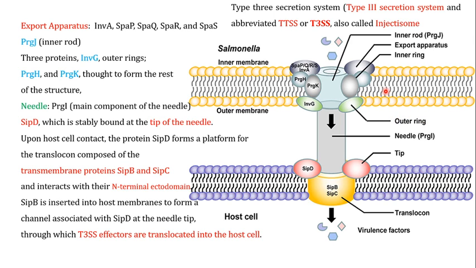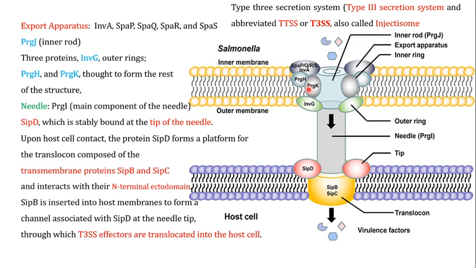Now this whole complex, this export apparatus, this inner ring and this outer ring, they are working as a foundation for the formation of this rod-like structure over here. You can see over here, and this inner rod-like structure is made up of a different protein which is known as the PrgJ.